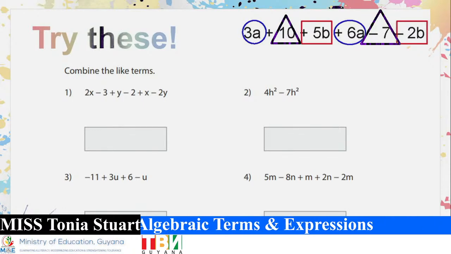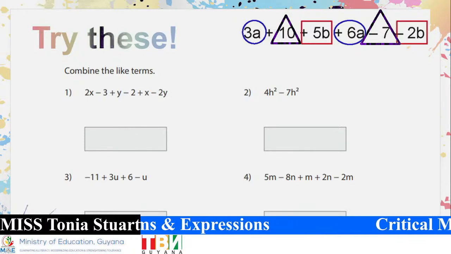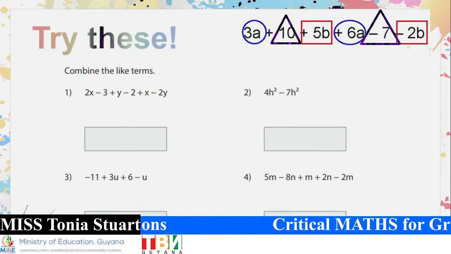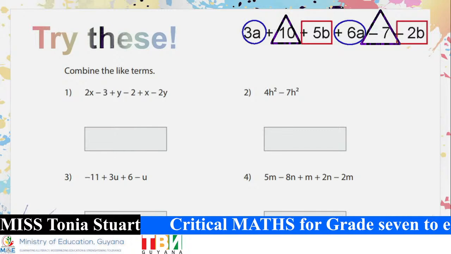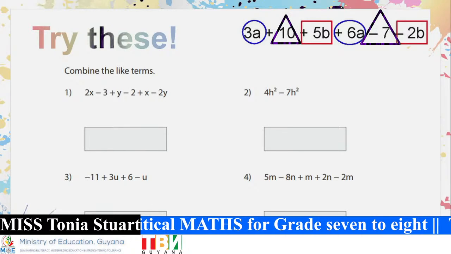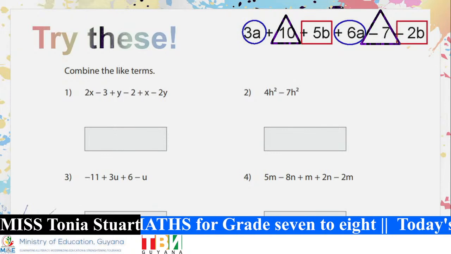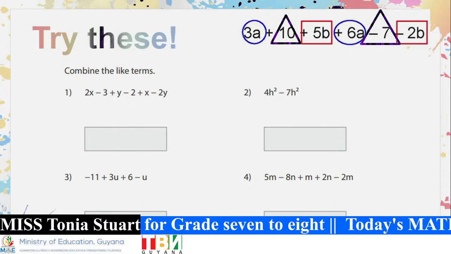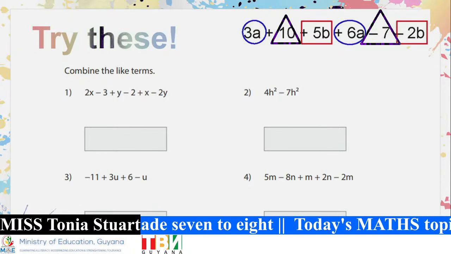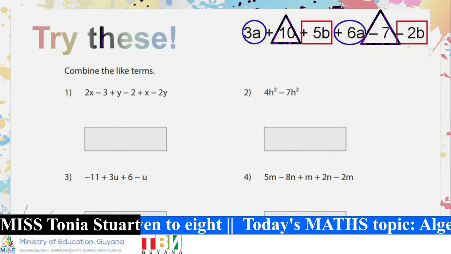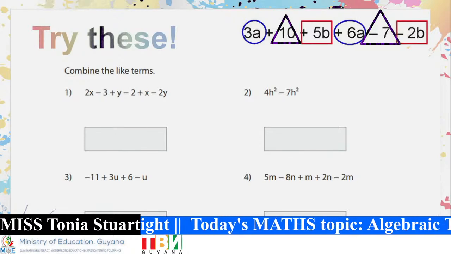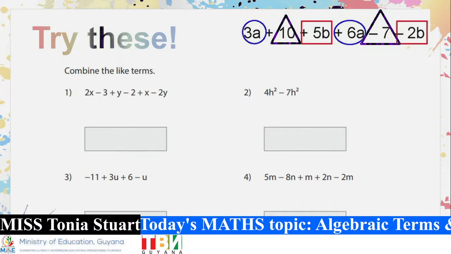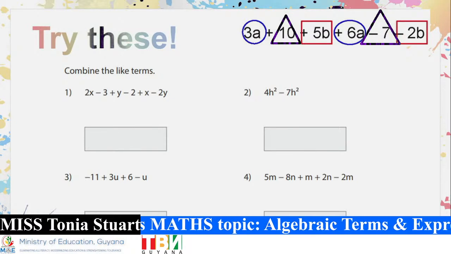Yes, Alia. I have 3u with u. 3u, with u alone? With negative u. So it's 3u minus u and -11 with plus 6. So that is your group. Good. And Akila? Y and positive Y, 2y.